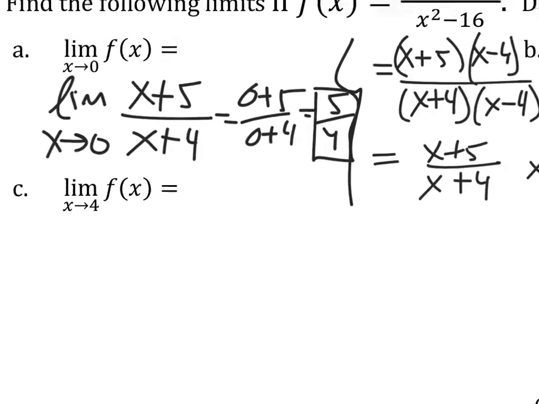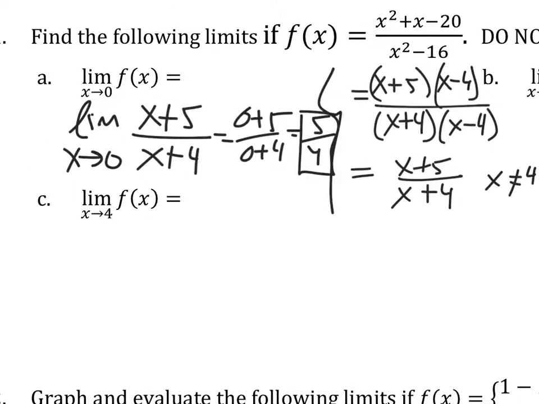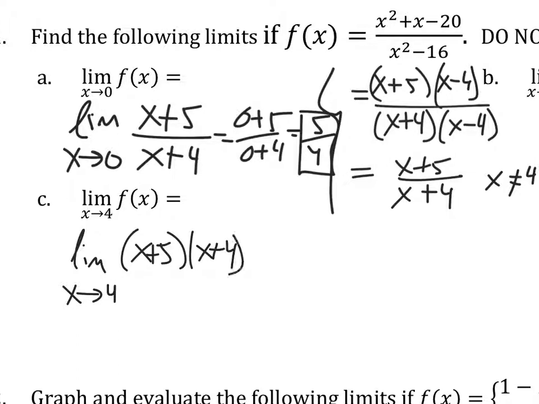What about x going to 4? Well, the big idea is that we have a problem when we have this original one. I'll write it in factored form: (x plus 5) times (x minus 4), sorry, that's a minus 4 there, over (x plus 4) times (x minus 4).